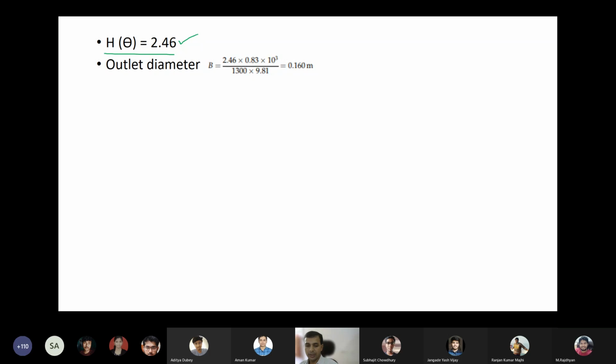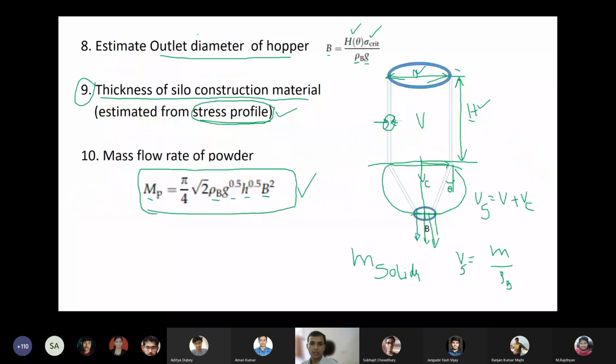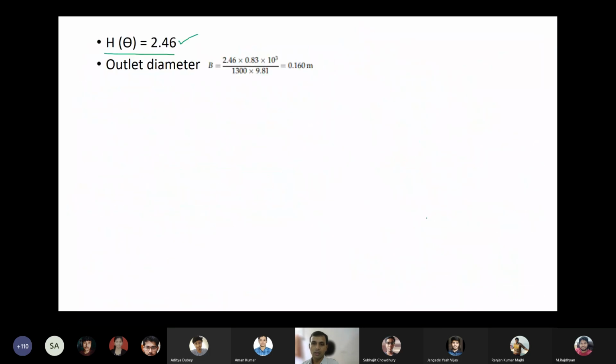So once I know H of theta and all these things, I can use this formula to calculate the outlet diameter of the Hopper, B. B equals H of theta times sigma critical divided by bulk density and g.